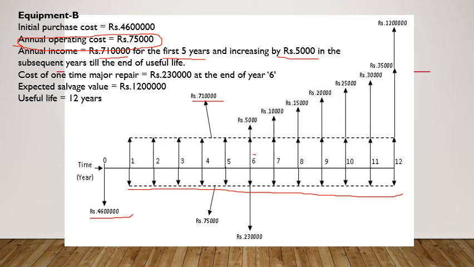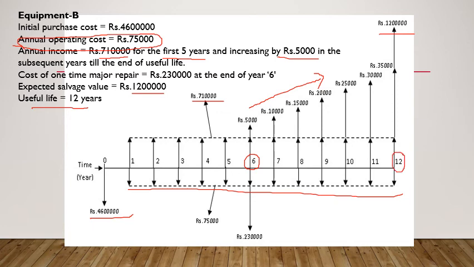Starting from t is equal to 6, it increases by 5,000 per year. So it doesn't start from second year itself, it starts increasing from year 6 onwards, okay, till 12th year. It also has a useful life of 12 years, and the salvage value is 12 lakh. Indicate that at the end, that is at t is equal to 12.